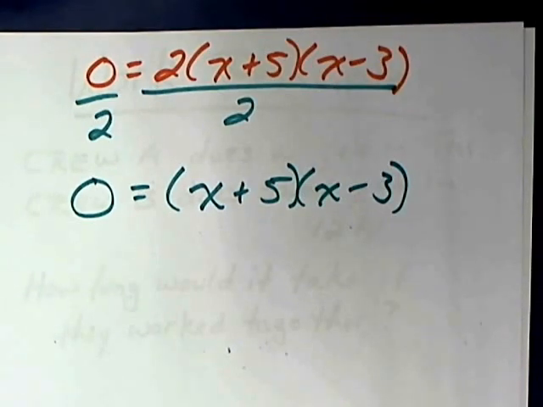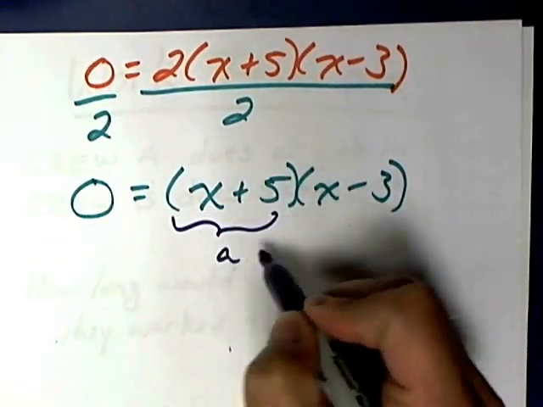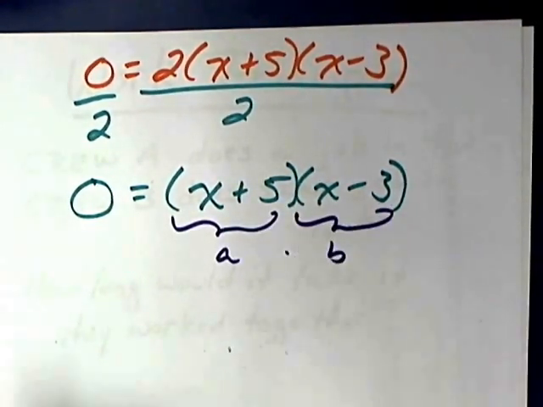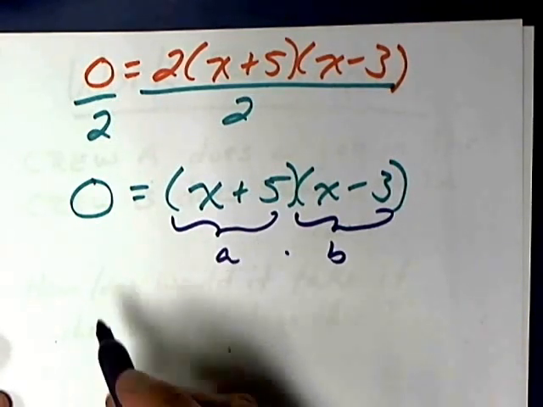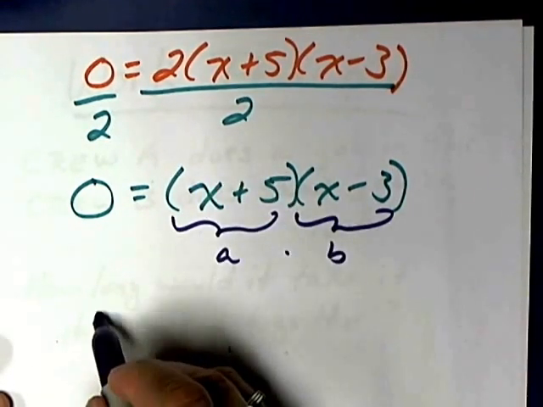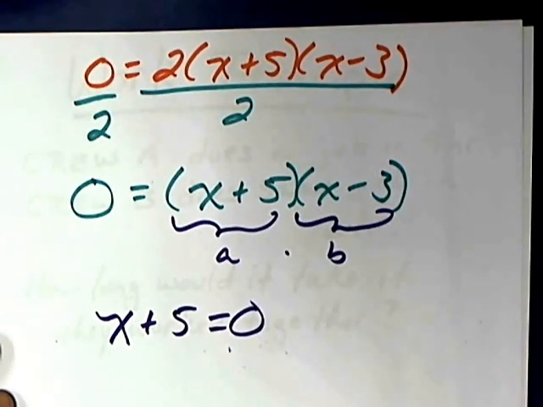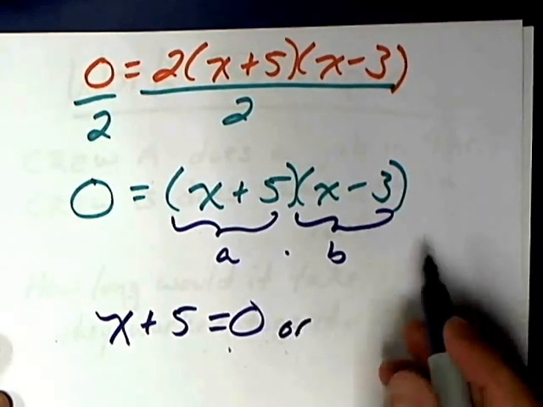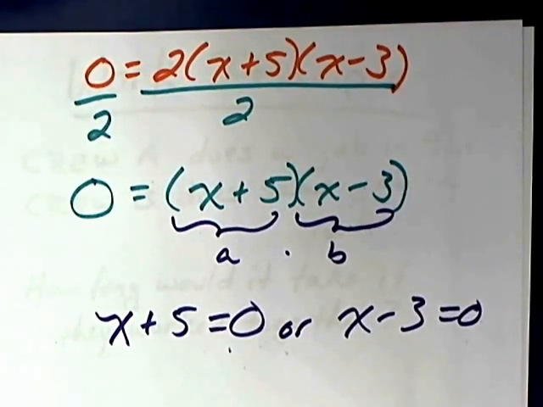one of my solutions. So here's my zero product property. My first number here is like the a, and here's like my b that are being multiplied together. The zero product property allows me to separate those and say, okay, what would cause x plus 5 to equal 0? Or what would cause x minus 3 to equal 0?